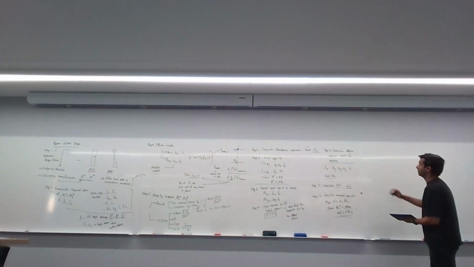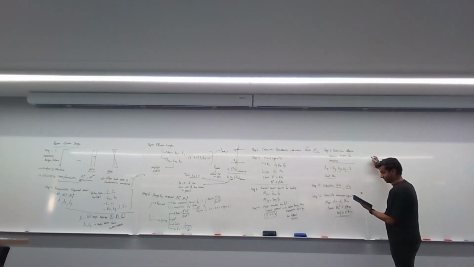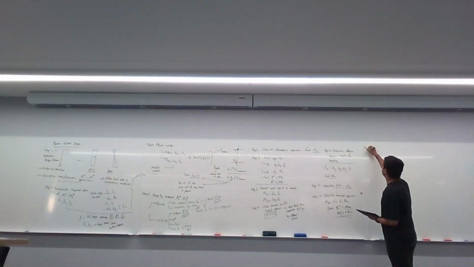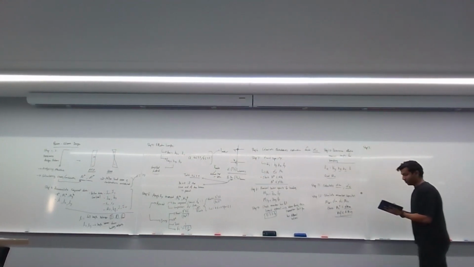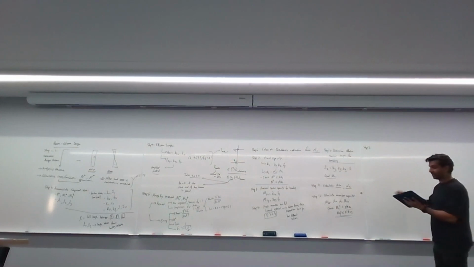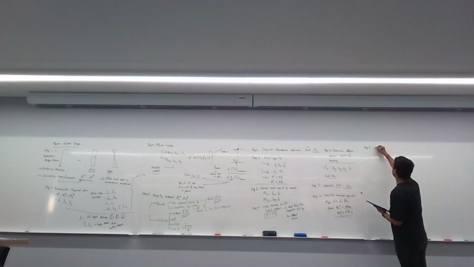Okay. Now just stepping through here, I'm conscious of the time, so I'll just step through quickly. You have step 13, which is calculate the reduced section moment capacity.